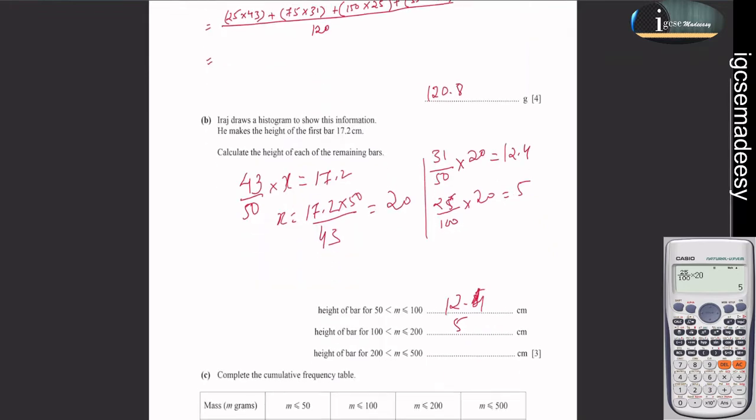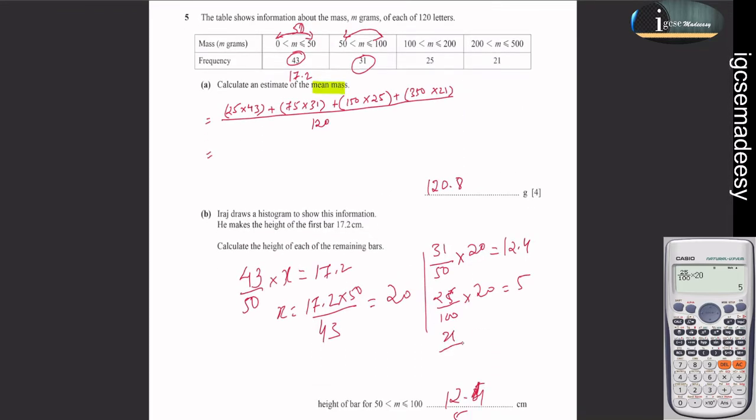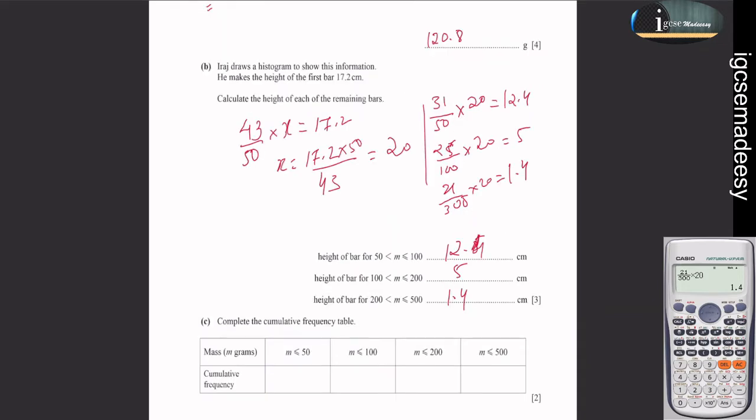So the height of the bar should be 5 in this case. For the last one, it should be 21 divided by the class width, 500 minus 200 is 300, times 20. 21 divided by 300 times 20 gives you 1.4. So 1.4 is the height for the last class interval.